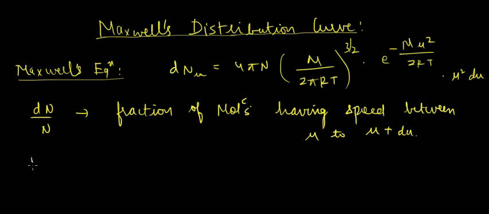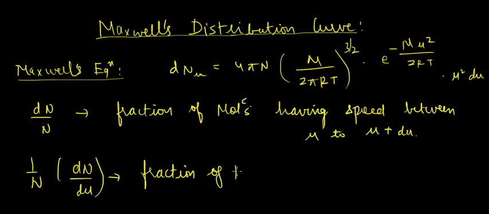Okay, and 1 upon n dn by du represents the fraction of molecules having speed between u to u plus du per unit interval of speed.